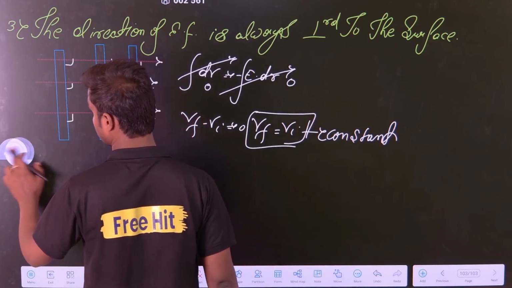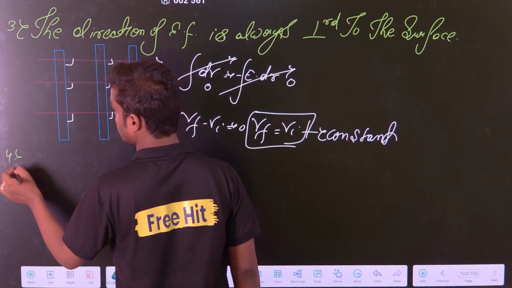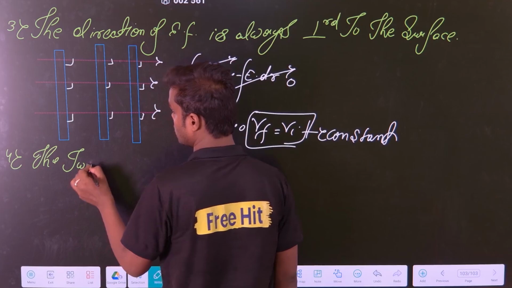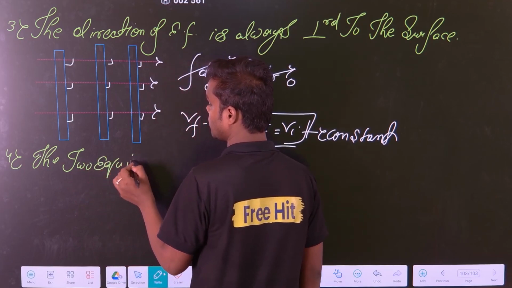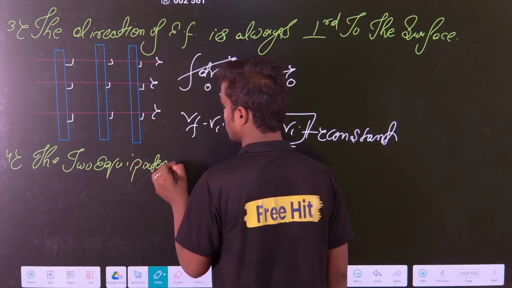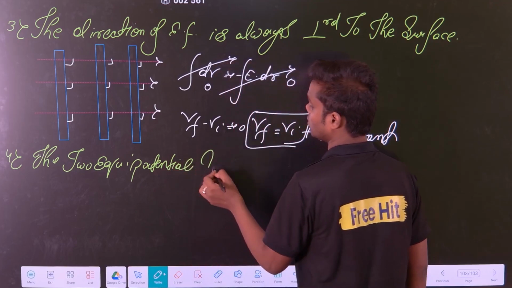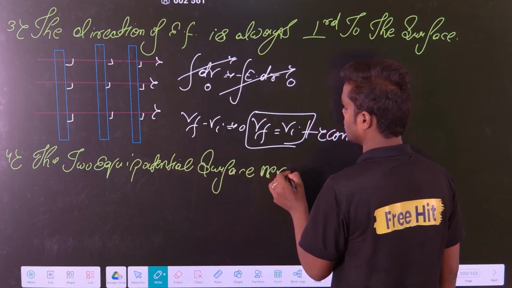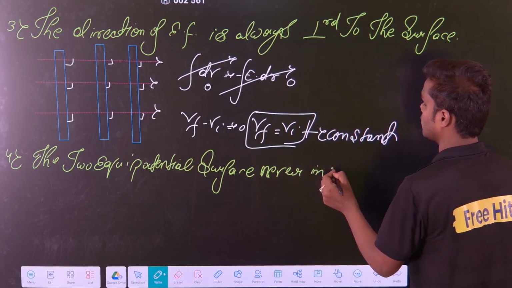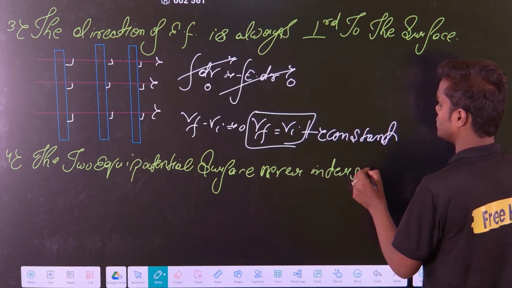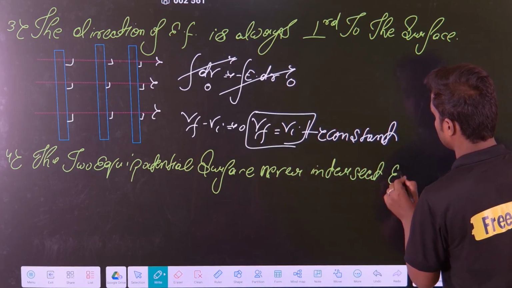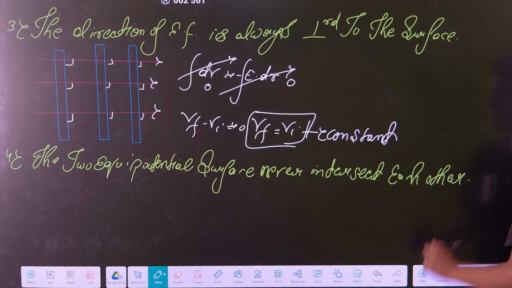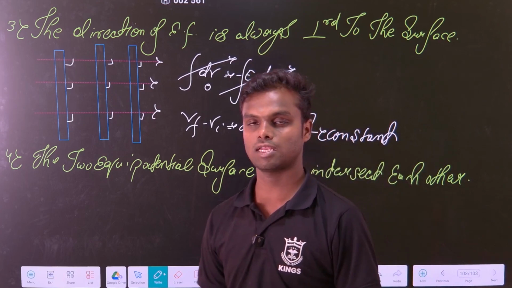The next property states that two equipotential surfaces can never intersect each other. Okay, two equipotential surfaces can never intersect each other.